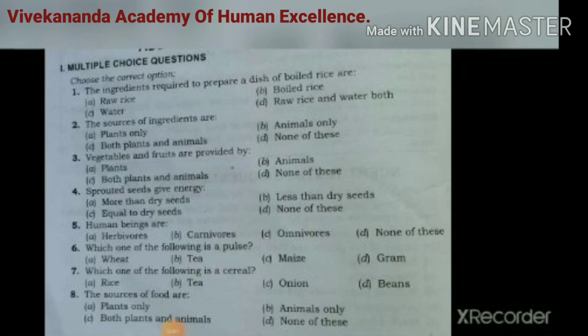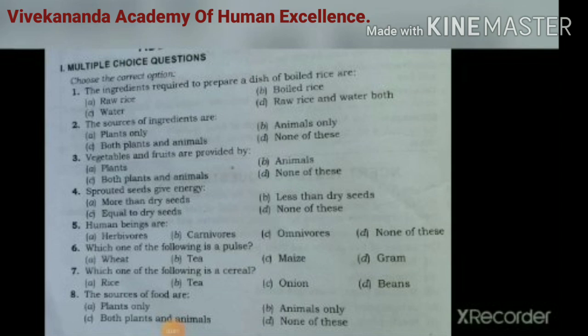Fourth, sprouted seeds give energy A. more than dry seed, B. less than dry seed, C. equal to dry seeds, and D. none of these. We have seen that sprouted seeds give more energy, so option A is correct. Fifth question: human beings are herbivorous, carnivorous, omnivores, and option D, none of these.